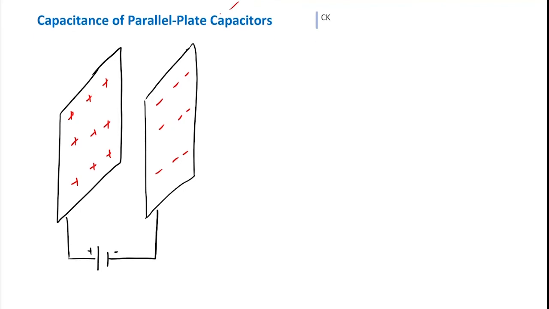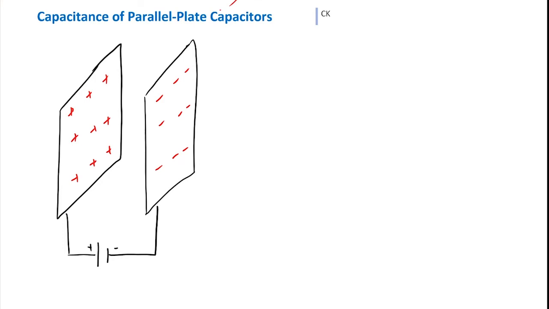Now, we didn't do this when we were doing Gauss's law, so I'd like to practice this here. The Gaussian surface that I'm going to choose will look like this: a cylinder that goes into this plate and comes out to the other side.